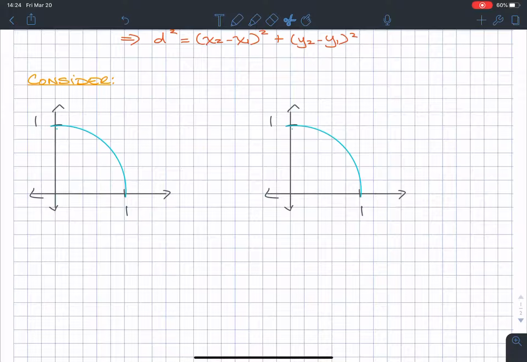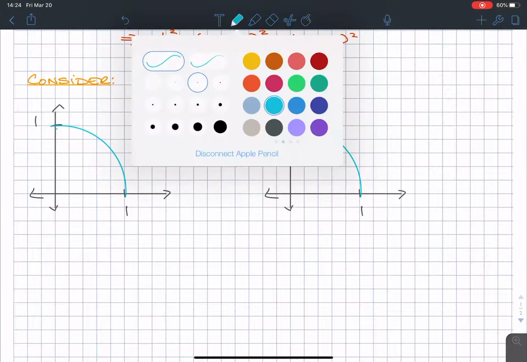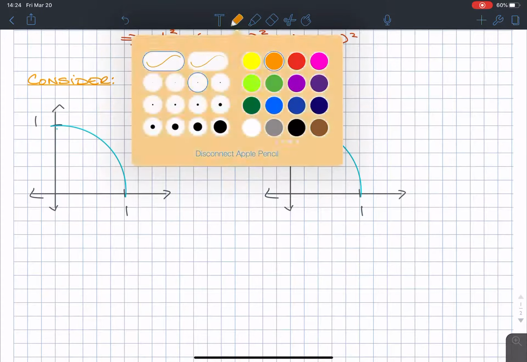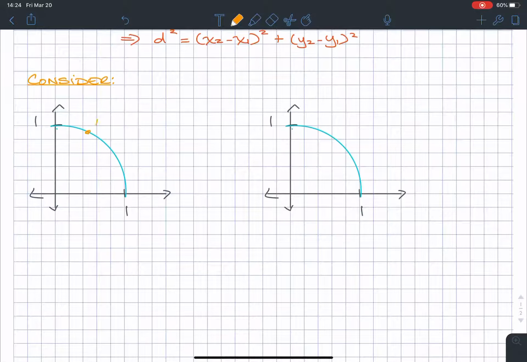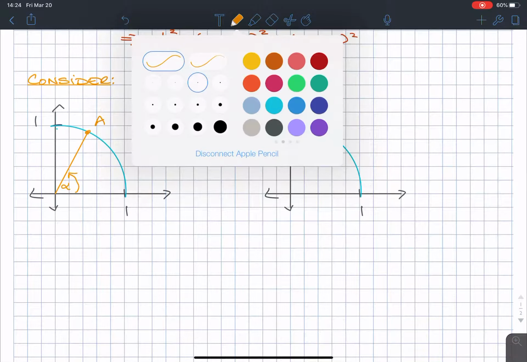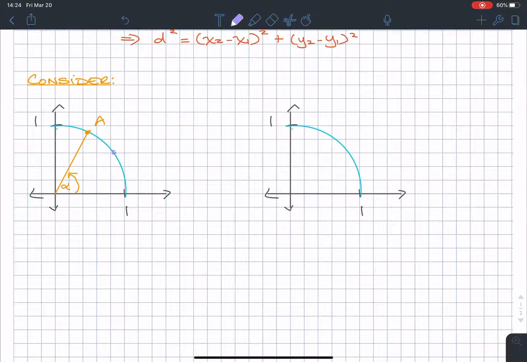Okay, so we're on the unit circle. And let's say I've got a point A here corresponding to an angle alpha. And then let's have a point B somewhere else in the first quadrant for ease of doing this, at another angle. Let's call this at an angle beta.